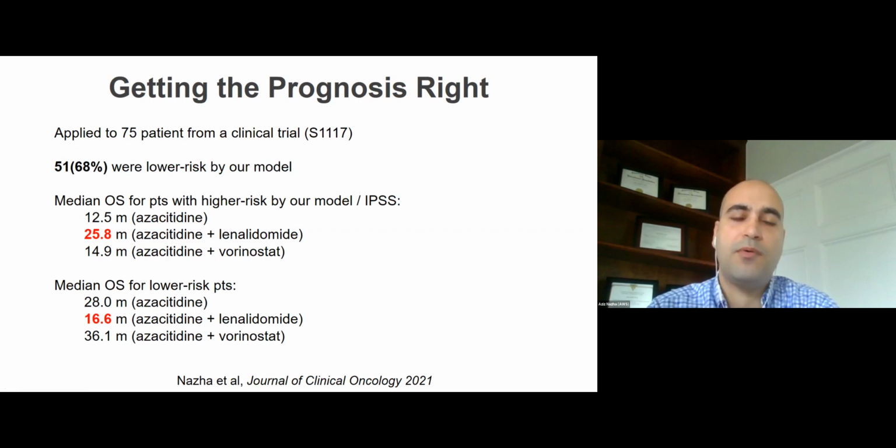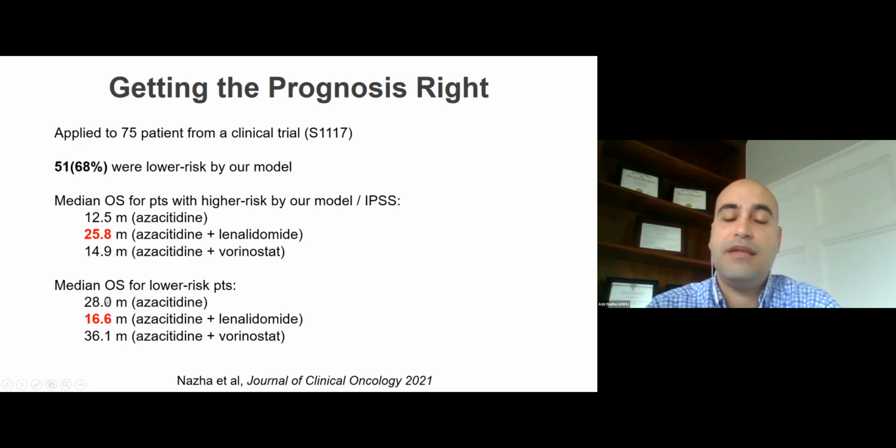What was also important is that if you look at the median overall survival for patients with higher risk by our model and the IPSS, the combination of azacitidine plus lenalidomide extended survival, almost doubling it compared to azacitidine. Now, this was not statistically significant, probably because of the very small number of patients, but there is a potential that this trial would have been positive if we had a larger number of patients.